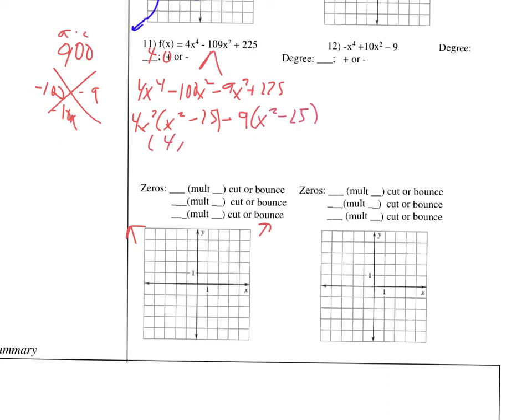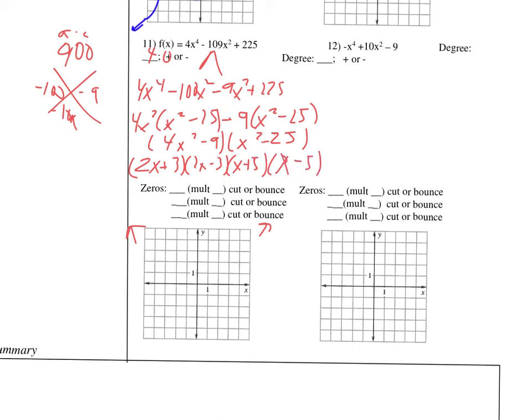So I can group this together now, 4x squared minus 9 times x squared minus 25. But I can actually break that down even more. So we have the difference of perfect squares, 2x plus 3, 2x minus 3, x plus 5, x minus 5.